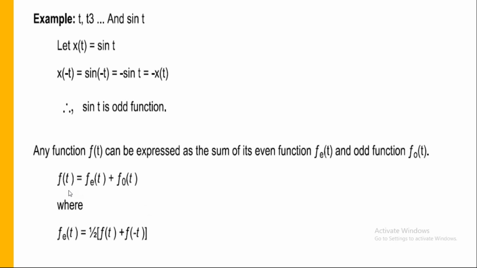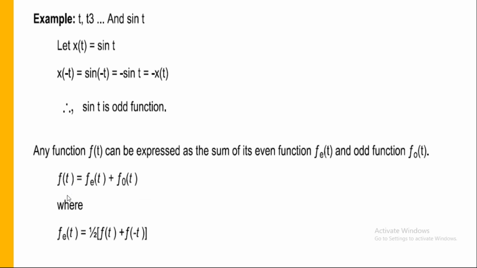Try to understand, if you represent any function f of t, you can represent that function as a combination of even and odd, which is given by a mathematical function. An even function which you can treat as fe of t, and an odd function which you can treat as fo of t. O for odd, e for even. So the function f of t, I can write it as fe of t plus fo of t.